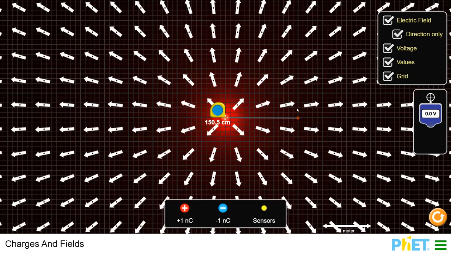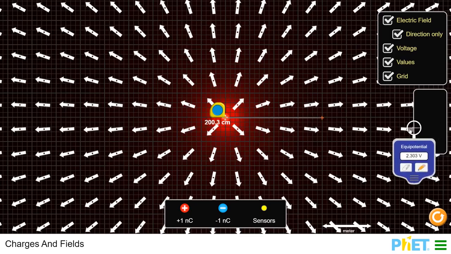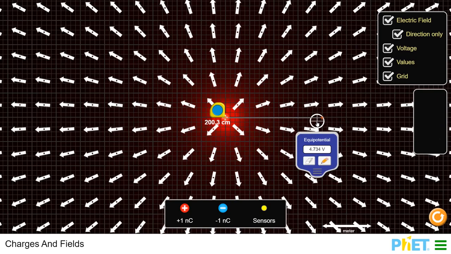For our next distance, we have 200 centimeters. So we have 200.3 centimeters, or 2.003 meters. And the electric potential is equivalent to 4.507 volts.